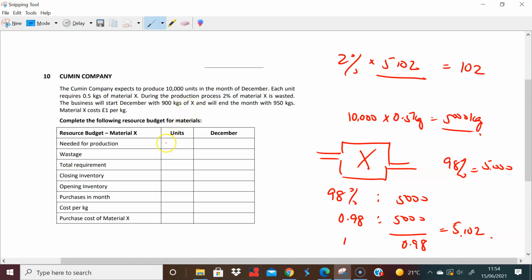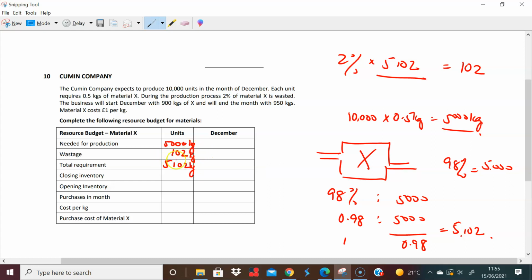So needed for production, we need 5,000 kilograms, with a wastage of 102. In essence, we need to put 5,102 kilograms into this process, and that's the starting point here.